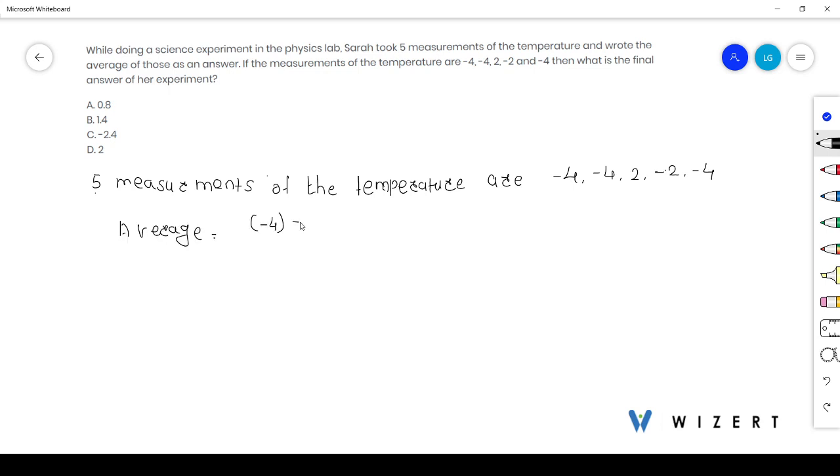-4 plus -4 plus 2 plus -2 plus -4 divided by the number of measurements, that is 5.